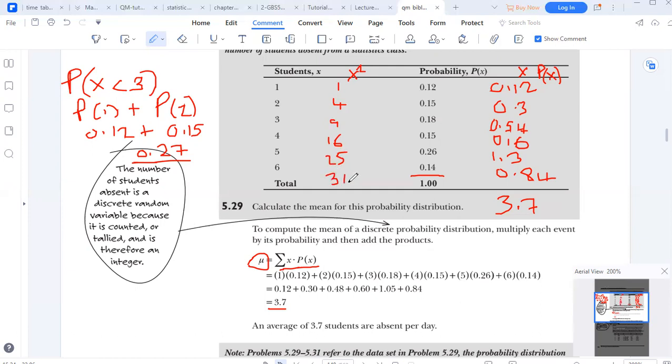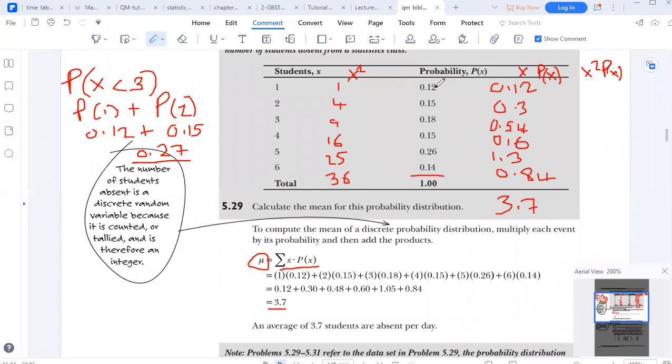I've squared these numbers. Then I multiply by each of these ones here. 1 times that, this would be x squared times the probability of x.